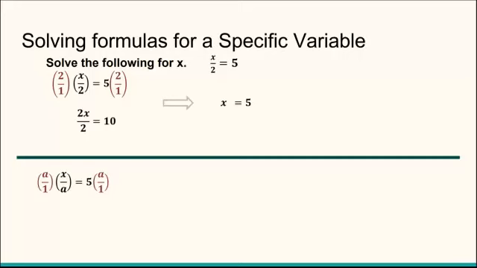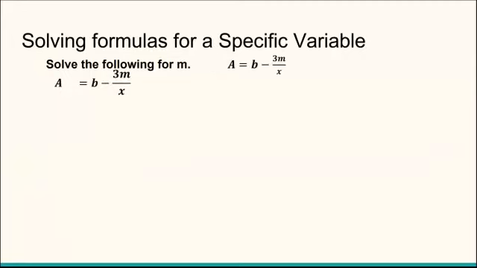I'll get exactly the same kind of thing that I got before. I'll get ax over a equals 5 times a, which is 5a. The a's will then cancel, leaving me with x equals 5a. That's all they're looking for. They want it to read x equals. So let's do another one.